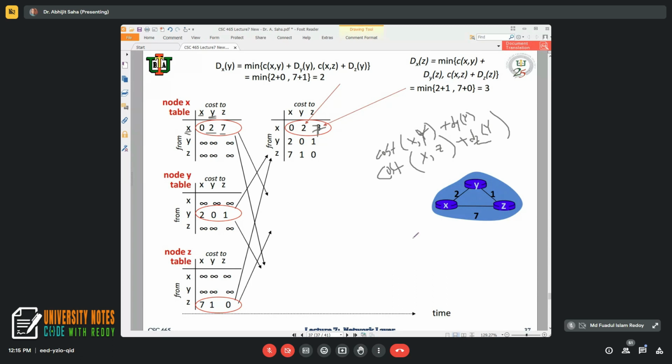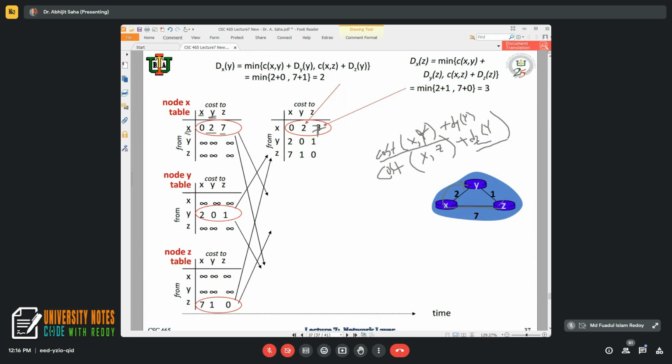So there is one direct path, x to y, for which you have written cost of x to y plus dy to y. Why y to y? Because y is the destination itself. But if you go the other way, it is the cost of x to z, and then you have to go from z to y, so that is dz to y.